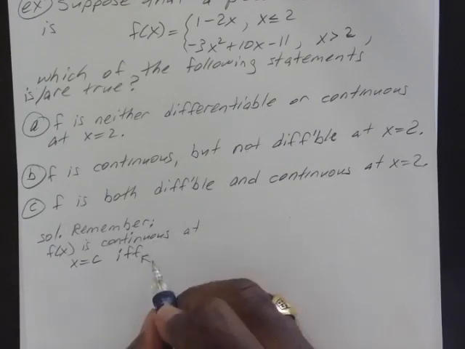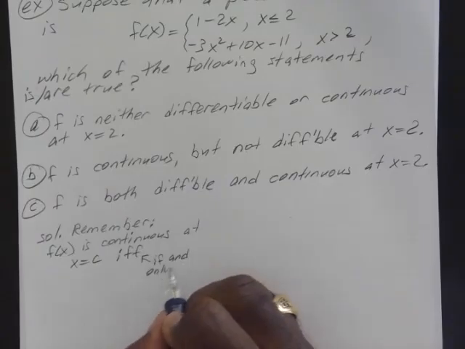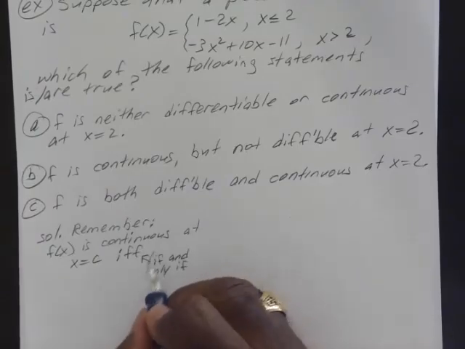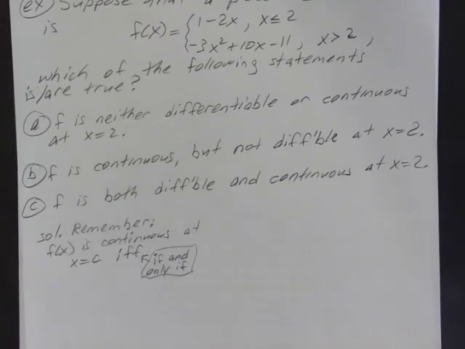You might see that every once in a while. It just means if and only if, which seems a little redundant, but that is a notation they use. So if you see IFF, it's not a typo. It actually means if and only if.